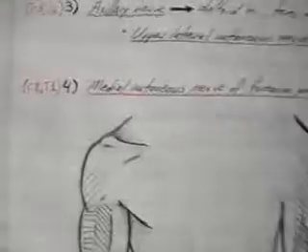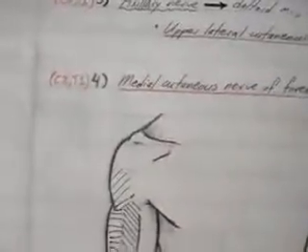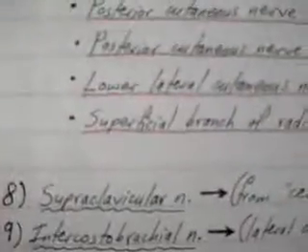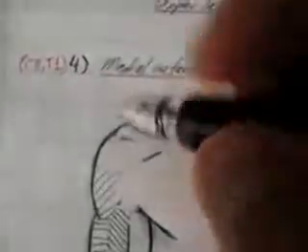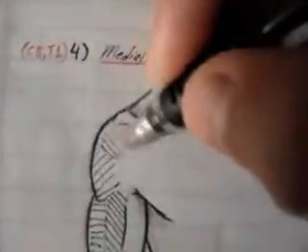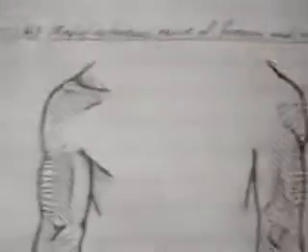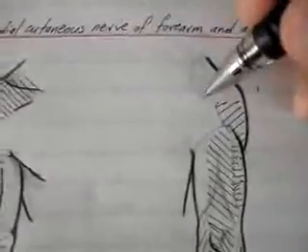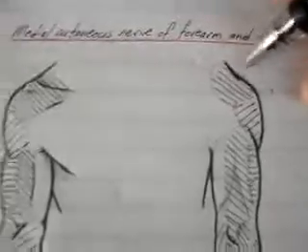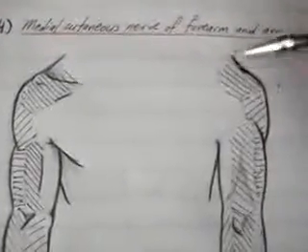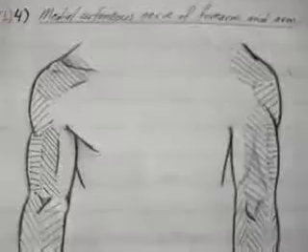The lateral cutaneous branch of the second intercostal is called the intercostobrachial nerve. So here is what these nerves innervate. The supraclavicular nerve from the cervical plexus innervates the top half of the shoulder, both anteriorly and posteriorly. Okay, that was the axillary branch. This is the supraclavicular.